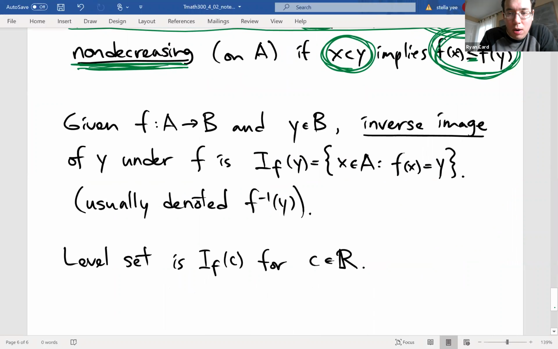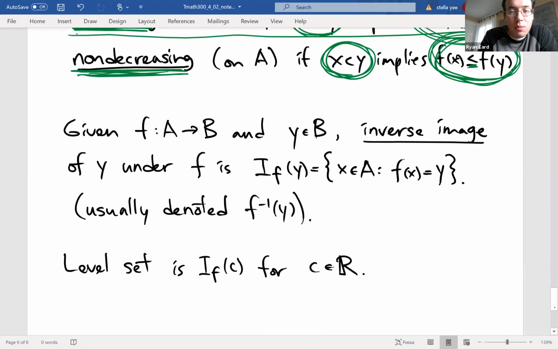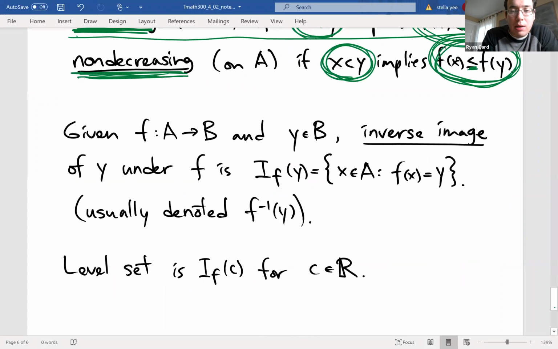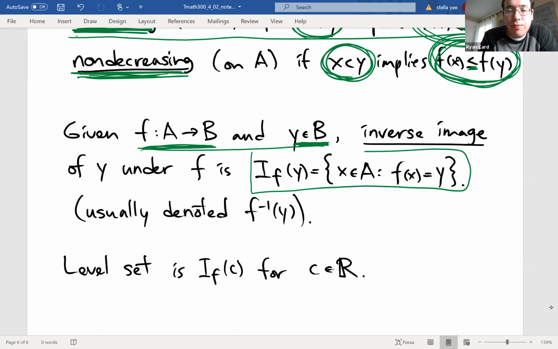Okay. So one more definition. We talked about the image of a function. Now what I want to talk about is the inverse image. If you have a function f and you pick an element, or maybe a subset, of the range, so let's say y in the output, the inverse image of that output is any possible input that gives that output.